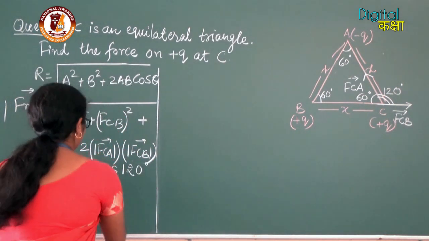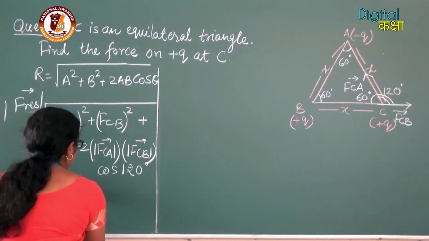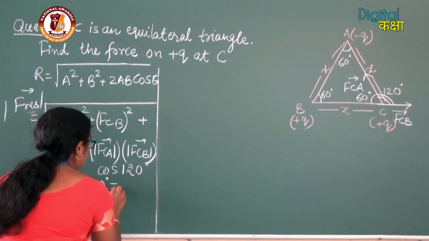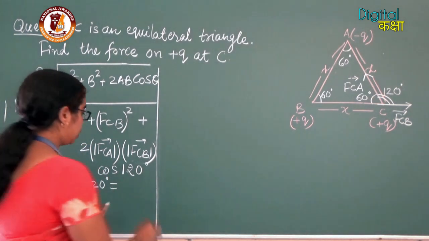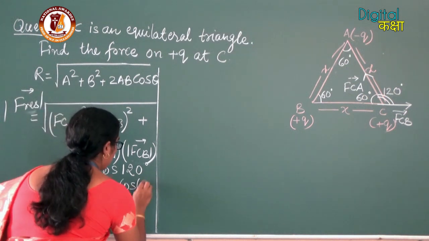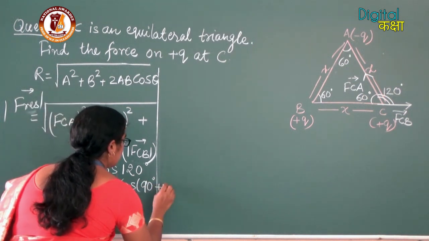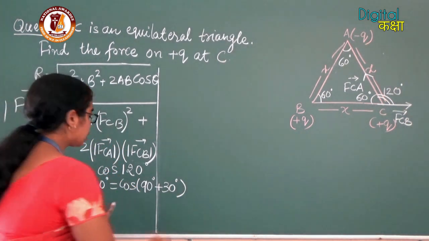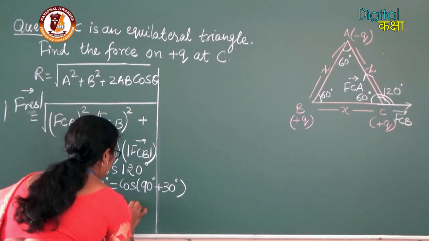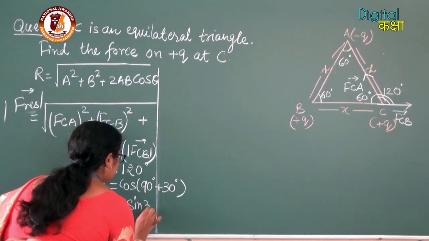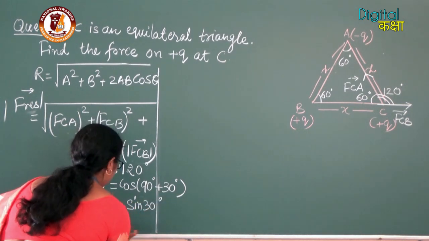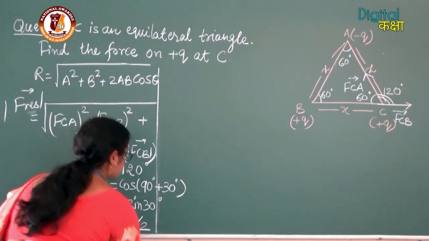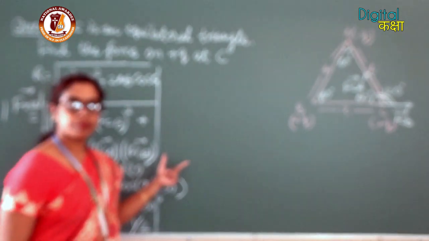Now, for the value of cos 120 degrees, the trigonometric identity can be written as cos of 90 degrees plus 30 degrees. It will give us the value to be equal to minus sin 30 degrees, which is equal to minus 1 upon 2.